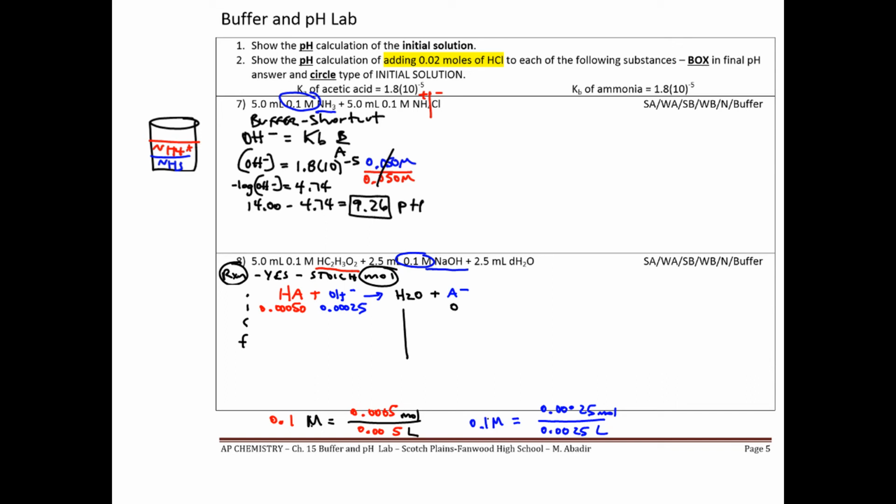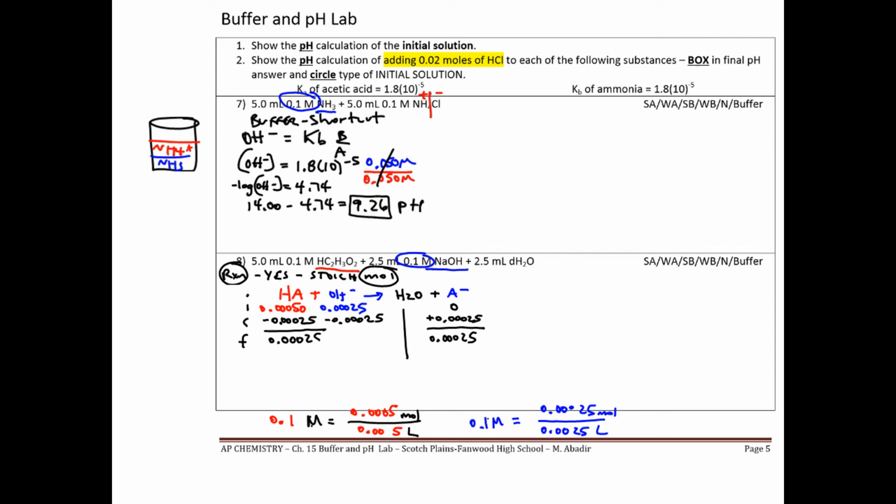This was a 0. So the running out is the OH, the limiting reagent. Minus 0.00025 and plus 0.00025. So when all is done reacting, you have A minus, you have HA.